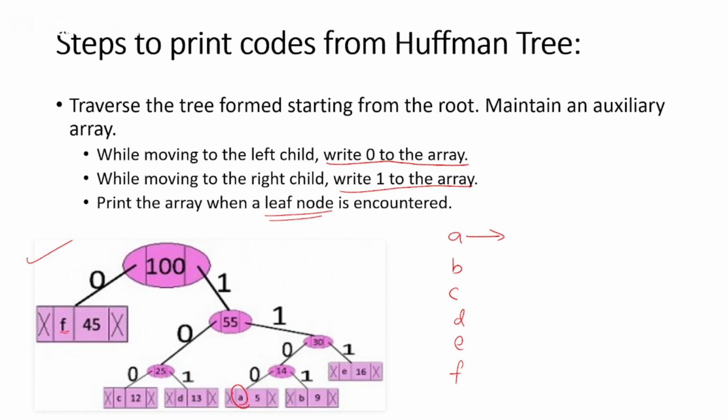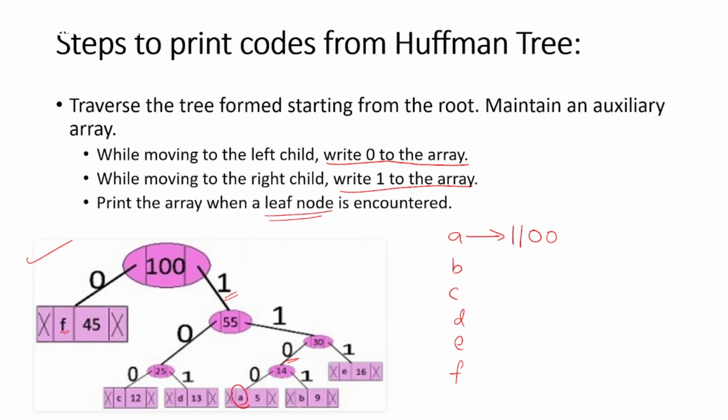It is on the right side of the root, so I will write 1. Then it is on the right side of 55, so I write 1. Then it is on the left side of 30, so I write 0. Then it is on the left side of 14, so I write 0. So this is the encoded format for A.